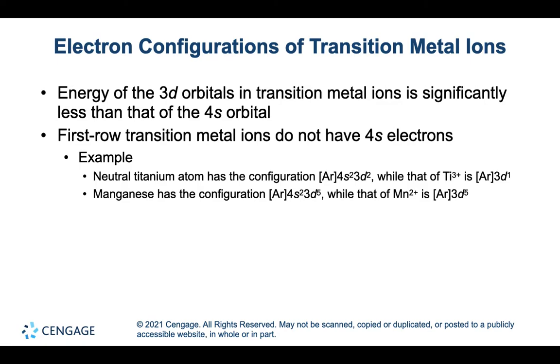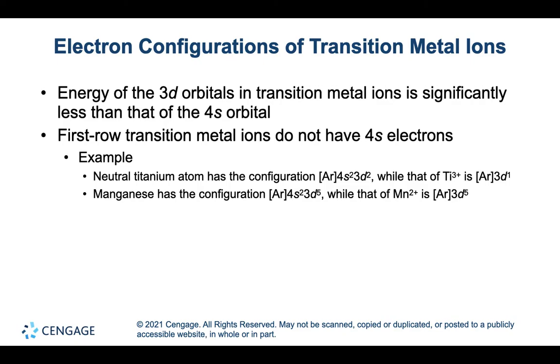So when you're asked to come up with the electron configuration of an ion, remember you're always removing the valence electrons, not necessarily the last one in. It doesn't necessarily have to be the last one out, because in the case of the transition metals, the 3d electrons are the last ones in, but the 4s electrons are the first ones out when you form the ion.